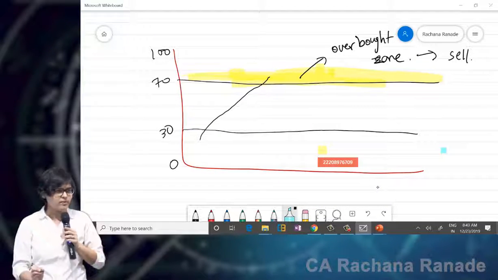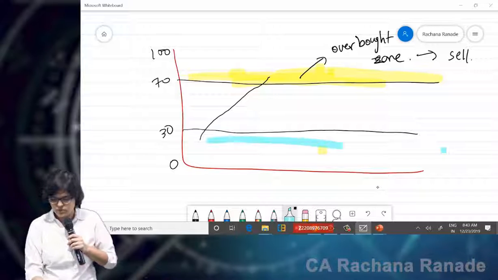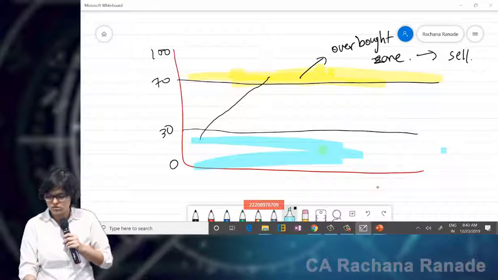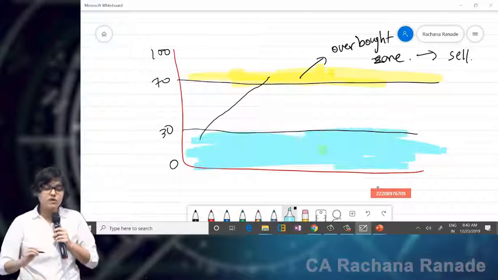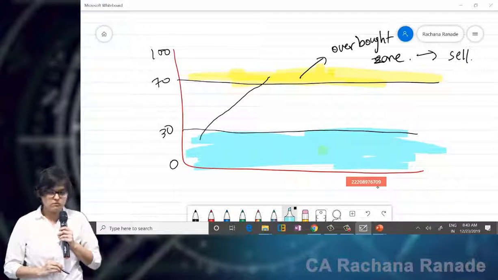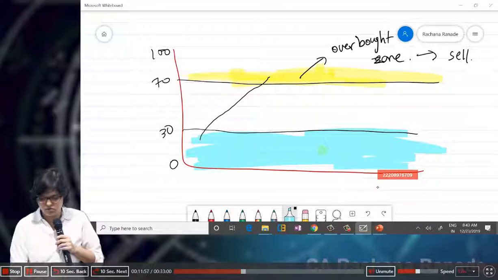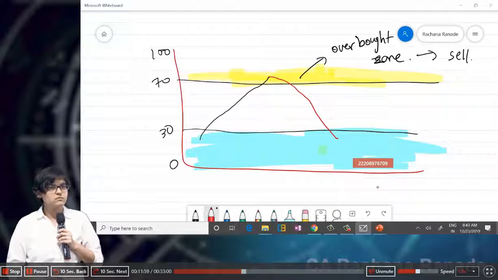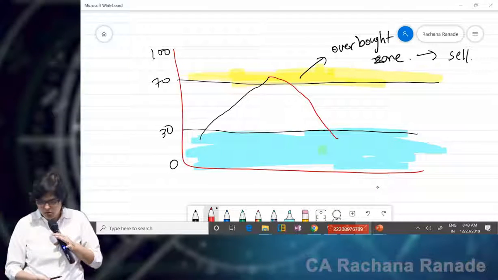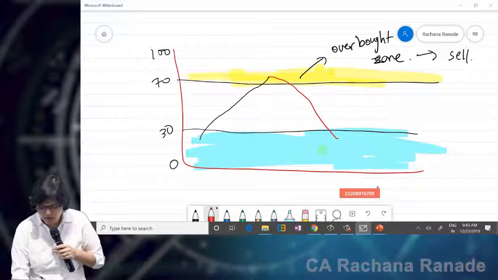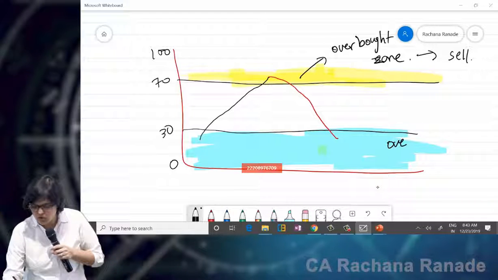We are just going to cover basics and stop today. Now there is one more zone. What zone? This is the below 30 zone. Below 30 means this stock has corrected, gone down right till here. How much can it go down now? To 0? No. So this zone is called the oversold zone.